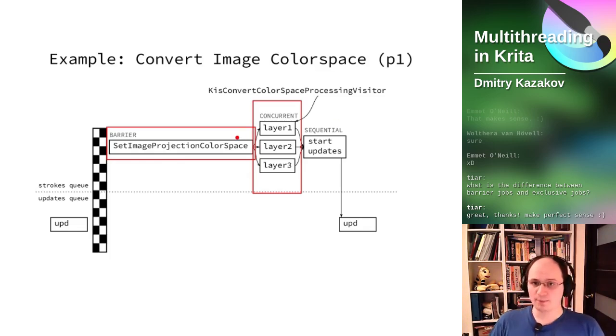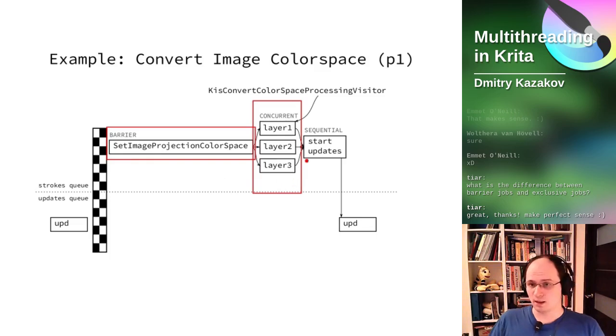So the first step is executed as undo command, and this undo command is declared as barrier. That is, it should wait until all updates from previous strokes has completed. This undo command is put into undo stack as a macro, strictly speaking.